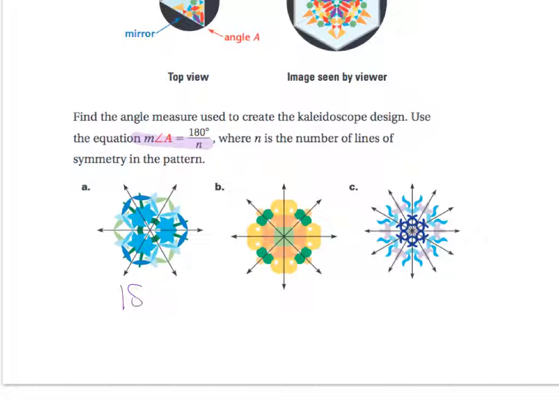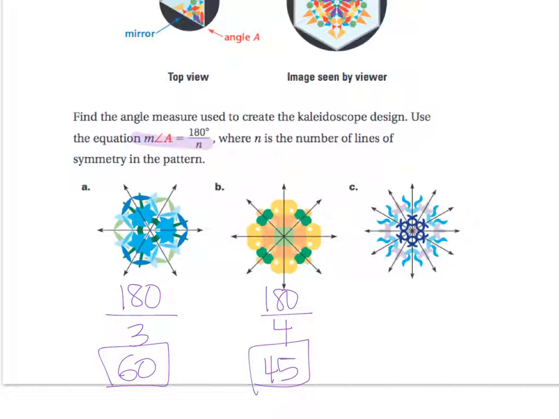So in A, it's 180 divided by 3 lines of symmetry. So the angle would be 60. 180 divided by 1, 2, 3, 4. 180 divided by 1, 2, 3, 4, 5, 6.